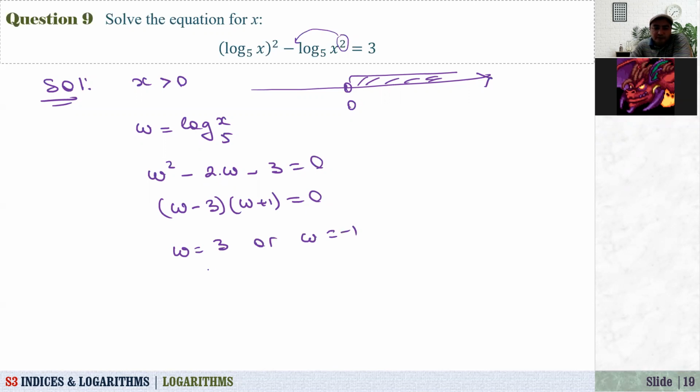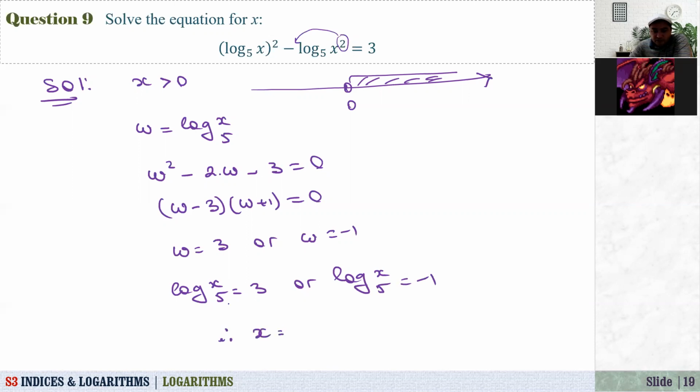So from here, w is equal to 3 or w is equal to negative 1. What is w? w is logarithm of x to the base 5. So logarithm of x to the base 5 is equal to 3, or logarithm of x to the base 5 should be negative 1. Now from here we can write the solution.